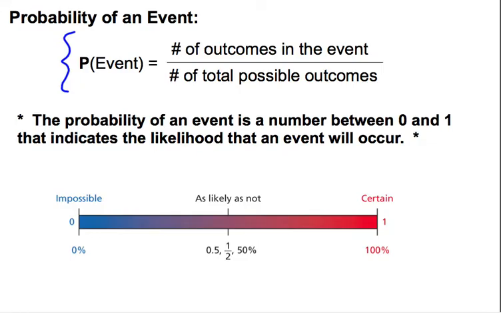And our probability will occur somewhere between 0 and 1 as a decimal value. So the closer you get to 1, or 100%, the more likely it'll occur. The farther away from 1, closer to 0, which 0% means it doesn't happen, the less likely it'll occur.